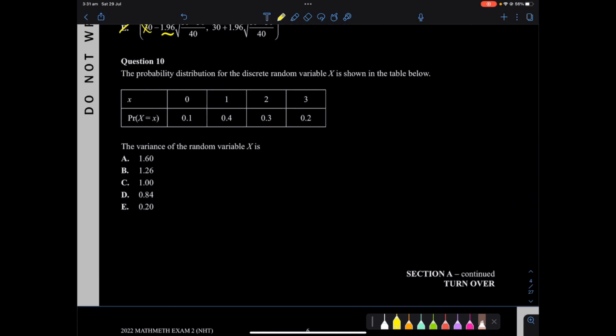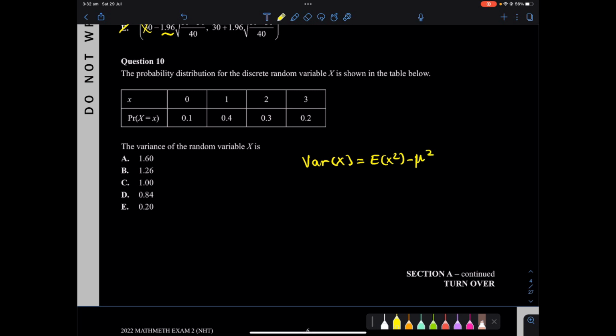The probability distribution for the discrete random variable is shown in the table. The variance is... the variance formula, I'll just pull that out. The formula for variance is: Var(X) equals the expected value of X squared, minus your mean value squared.